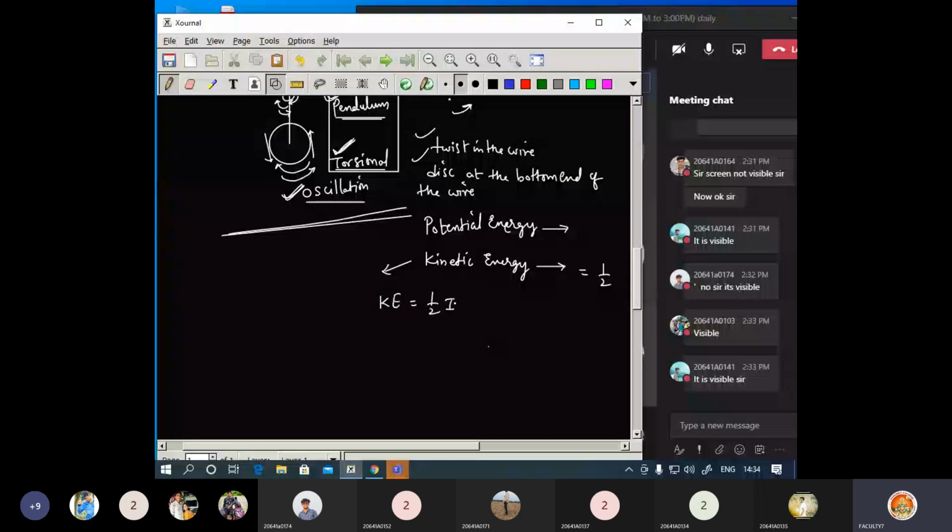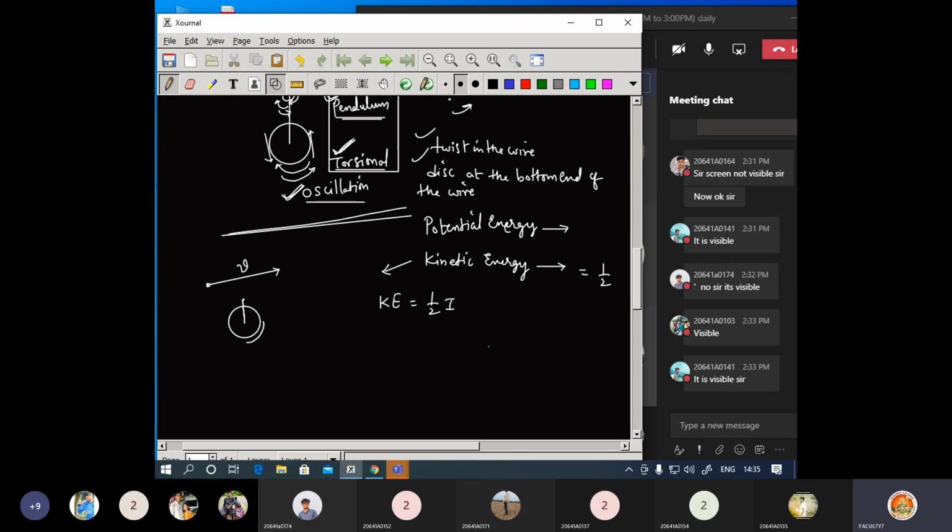Now can you expect what the angular velocity is? You might have seen angular velocity. If some object is moving in a straight line, we consider it as a linear velocity, given as v. But here this particular disk is going to experience the acceleration in oscillations.